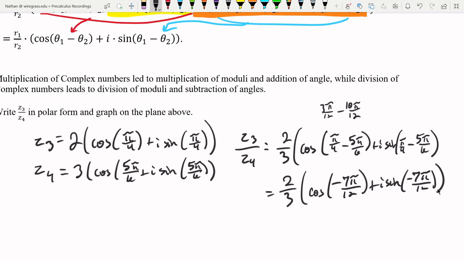So negative 7 pi over 12, this is the same thing as just taking 2 pi, which is the same thing as 24 pi over 12, and removing off 7 pi over 12. 24 pi over 12 minus 7 pi over 12.